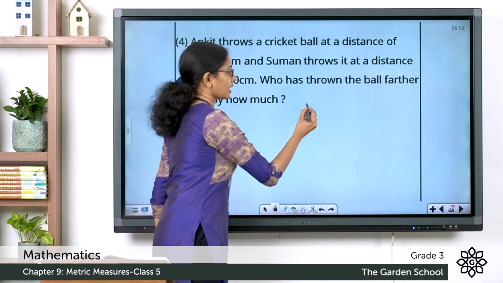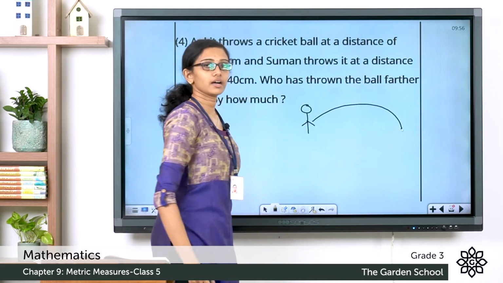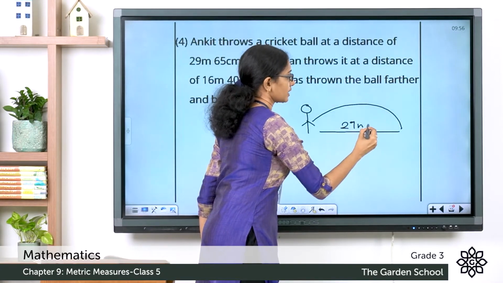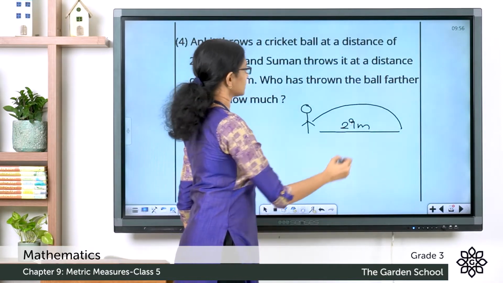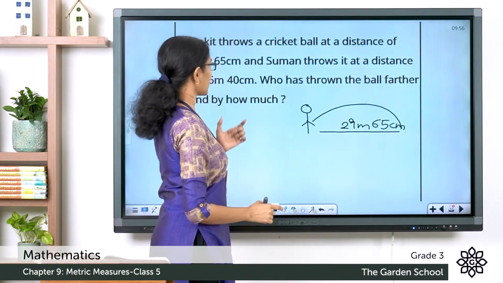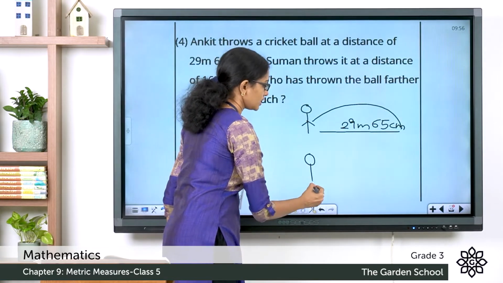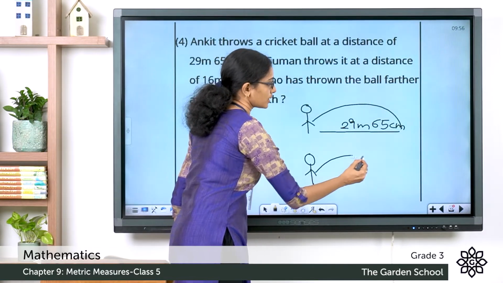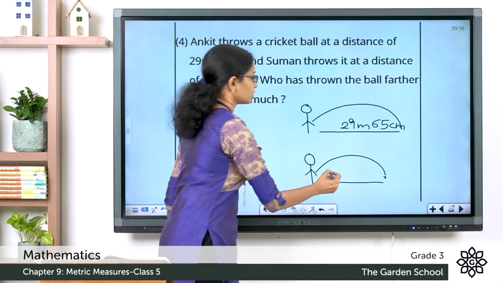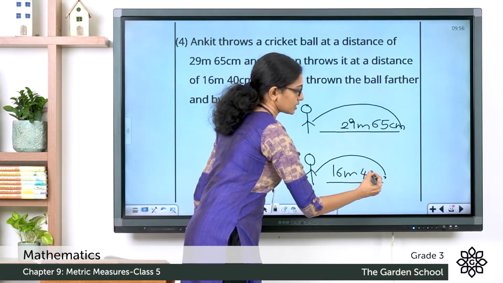See, let this be Ankit and he is throwing a cricket ball and the ball reaches here and it went to a distance of 29 meter and 65 centimeter. Now, what happens? Suman also throws a cricket ball. Let this be Suman and he is also throwing a cricket ball and the ball reaches here and this distance is equal to 16 meter 40 centimeter.